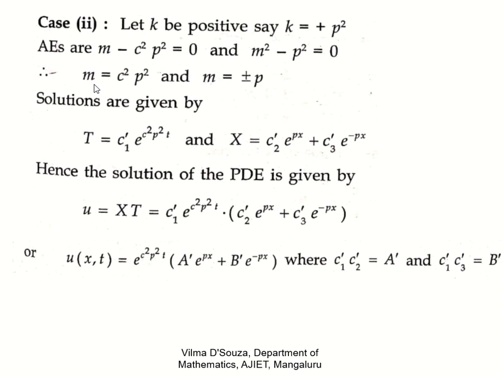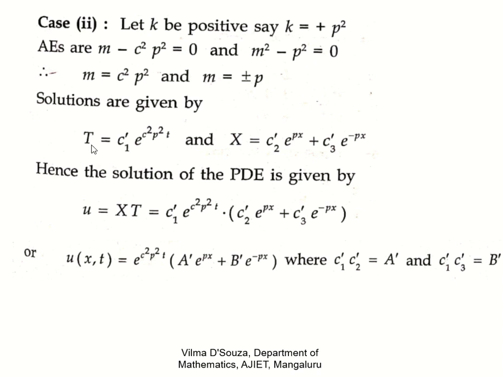So only one root here, m equals c²p², whereas here two roots, m² equals p², or m equals plus or minus p.